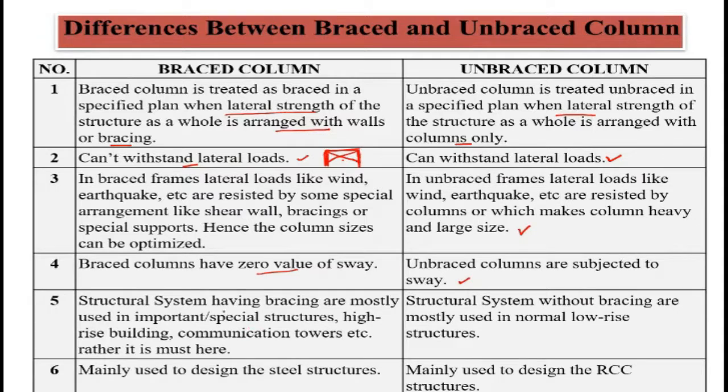Okay, structural system having bracing are mostly used in important spatial structures, high-rise building, communication towers, whether it is much scale. Okay, yang ni kita tengok contoh tangki air. Okay, water tank. You tengok stand of the water tank tu, dia adalah kerangka besi.